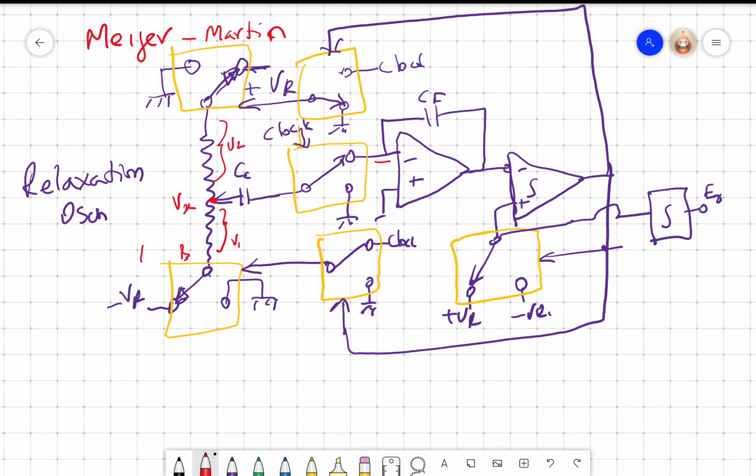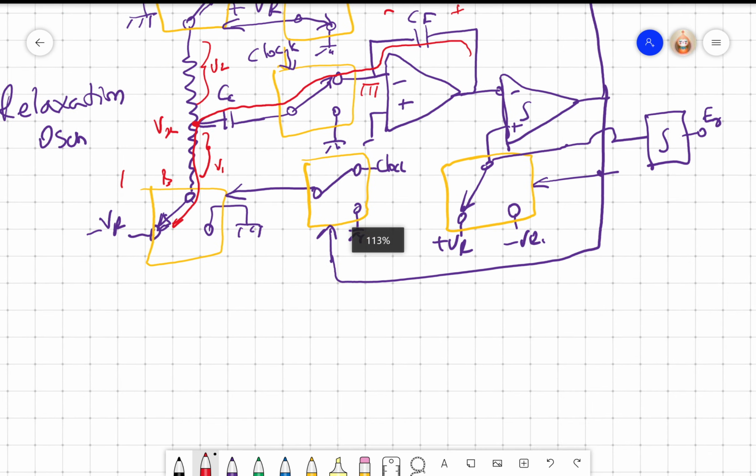Now that Vx is connected in this fashion. Please remember, this is virtual ground. So what will happen? The current would flow from output here to here to minus here, because this is ground, right? So the capacitor would be charged.